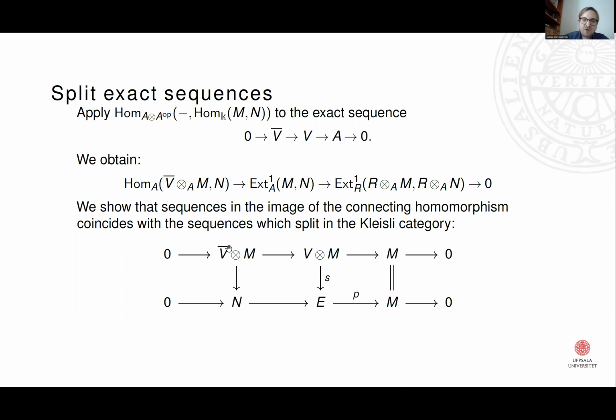The upper row here is just applying blank tensor M to this important exact sequence V bar to V to A. Now, what is this connecting morphism? The connecting morphism just takes the pushout of the morphism here along a map from V bar tensor M to N. Then you get a sequence of A-modules N to E to M.